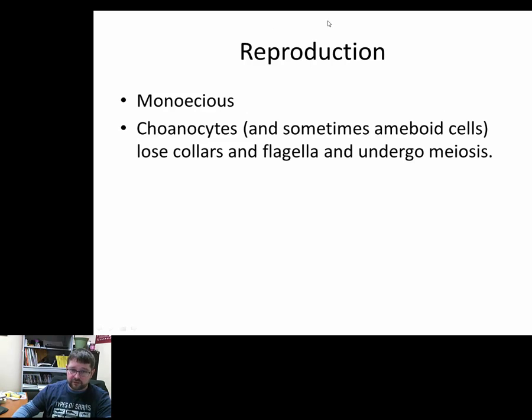The choanocytes are the main reproductive parts, but sometimes, like I said before, the amoeboid cells can go through reproduction. Choanocytes will lose their collars and their flagella, and then they just undergo meiosis. So they divide, and then it will produce sperm-like or egg-like gametes.